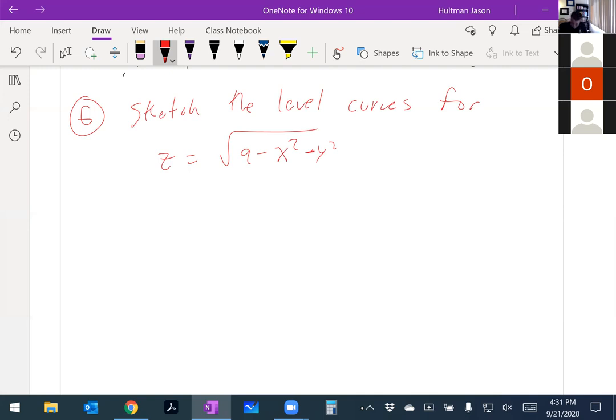So again, this thing was the top of that sphere. We want to sketch the level curves.